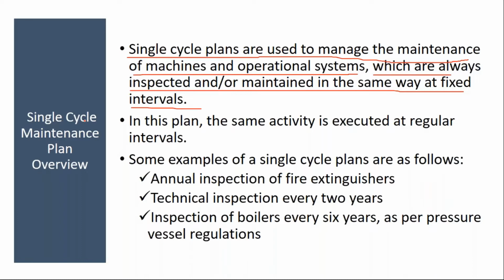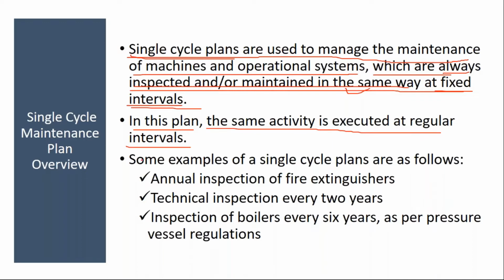At that particular cycle, you do the same activity. So in that case, you go for single cycle. Always inspected or maintained in the same way. That means you do the same activity at fixed interval. In that case, you go for single cycle plan. In this plan, the same activity is executed at regular intervals.